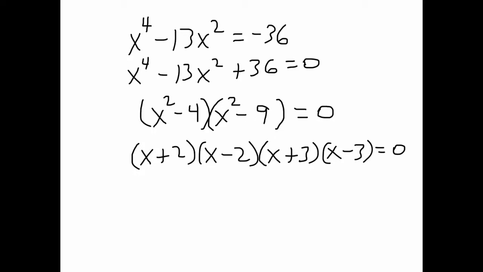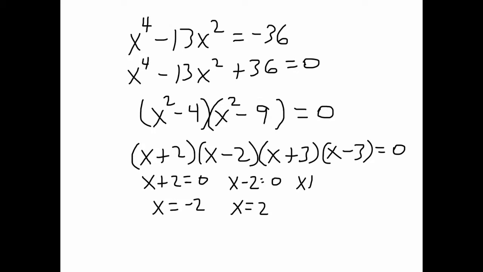We can now set each factor equal to 0 and solve for x. x plus 2 equals 0 results in a root x equals negative 2. x minus 2 equals 0 results in a root x equals 2. x plus 3 equals 0 results in a root x equals negative 3.